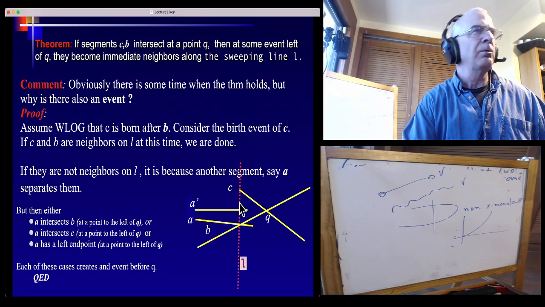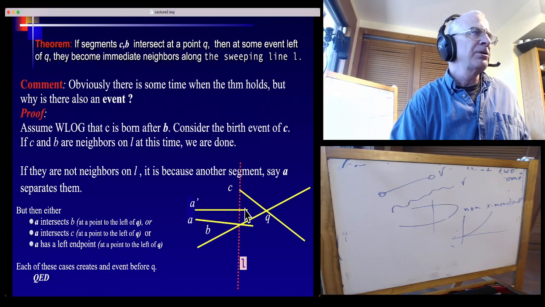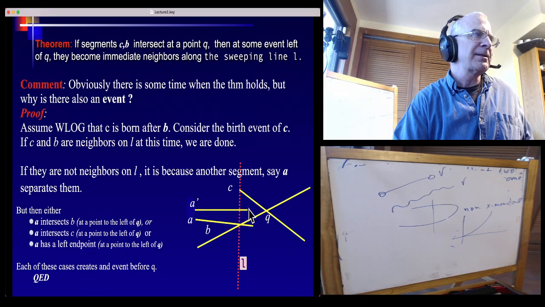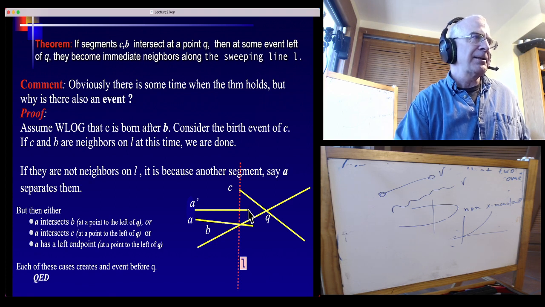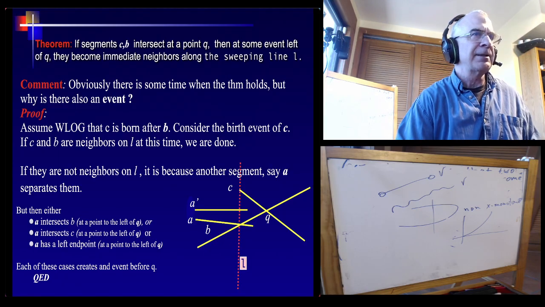It cannot now turn around and come back to the left. So what's the option? Maybe A prime just dies before it gets to Q. Maybe A prime that separates B and C just dies, it's a right endpoint, and this will be the event at which I discover that they intersect.